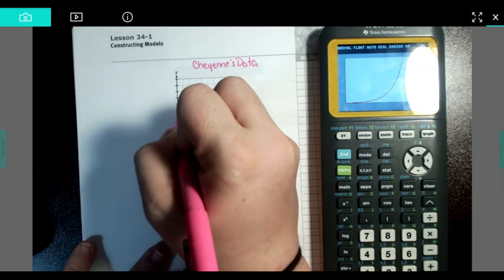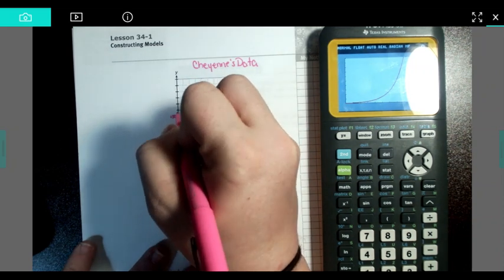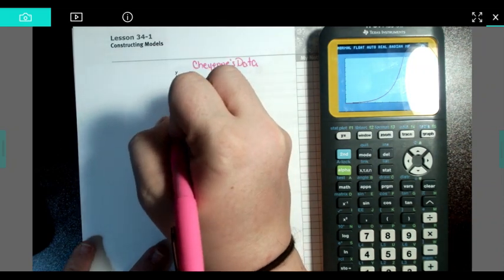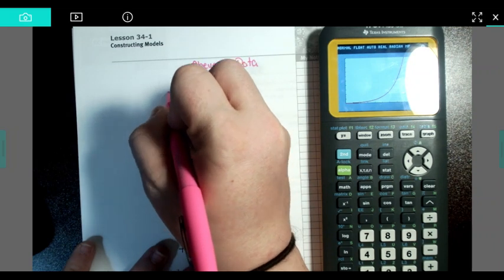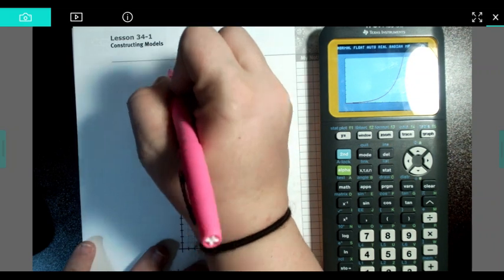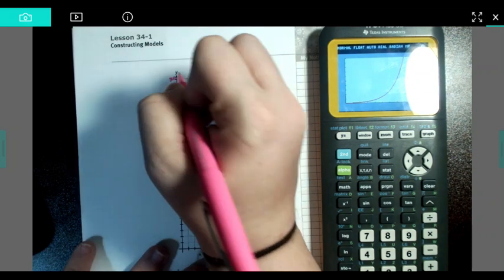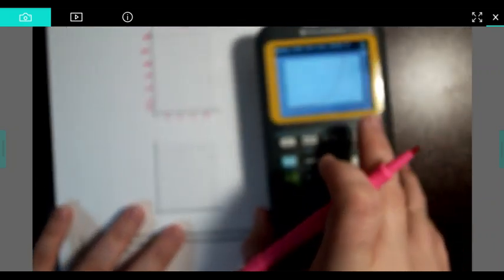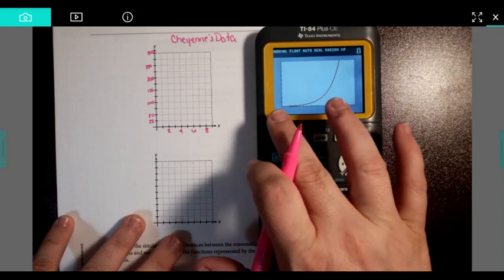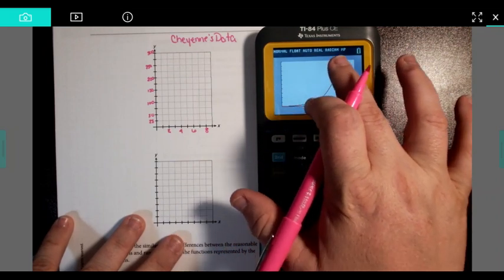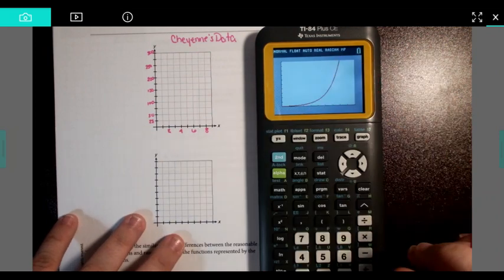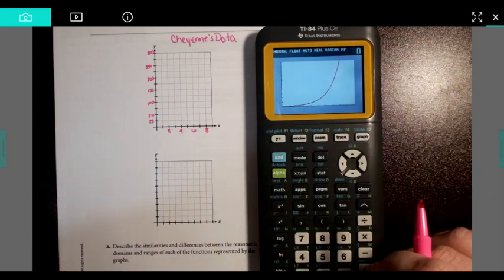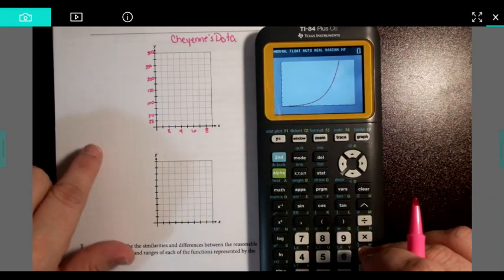There's 100, 150, 200, that's going to be 250, all the way up to 300 on my screen, actually. All right, and if you see, we've got this nice little curve here. This is our exponential function. It's got that doubling pattern each month, okay?